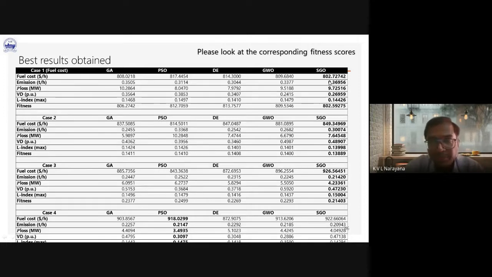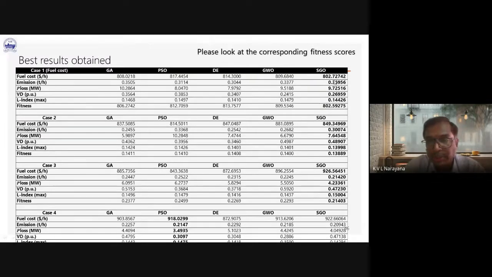If you see here, the fitness value, that is the fuel cost in dollars per hour, is obtained as 802.72472. So this is the fitness value when SGO is applied to the same problem. You can see here the fuel cost is minimized compared to genetic algorithm, PSO, DE, and GWO.